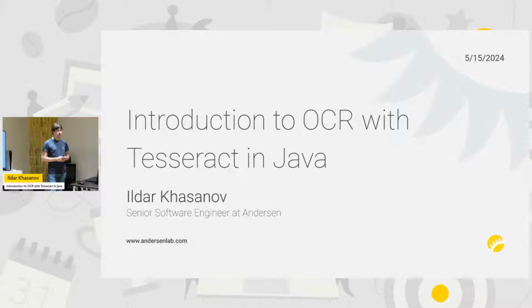So OCR stands for Optical Character Recognition. It's a set of technologies used to read text from paper, images, even from video, and to transform it to some machine-readable format that allows us to index it, to search it, and so on.